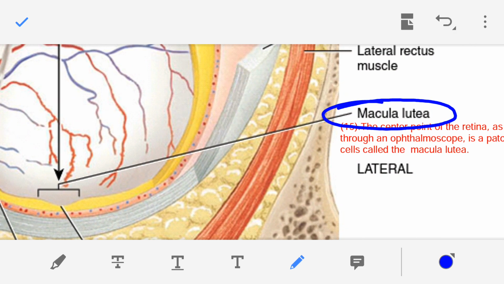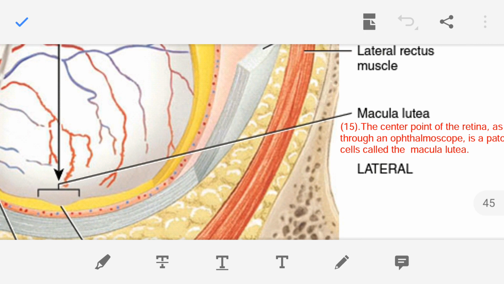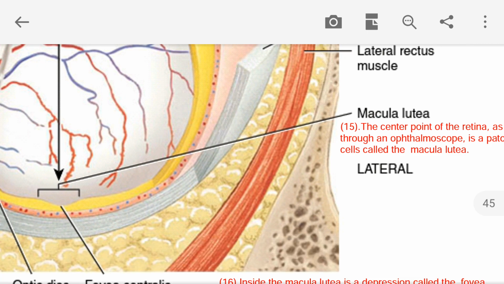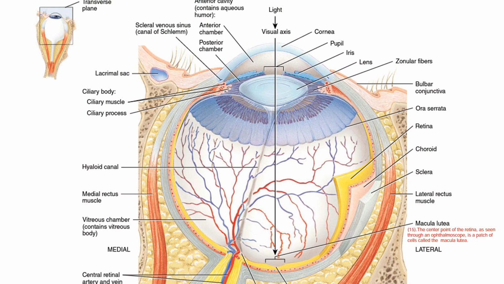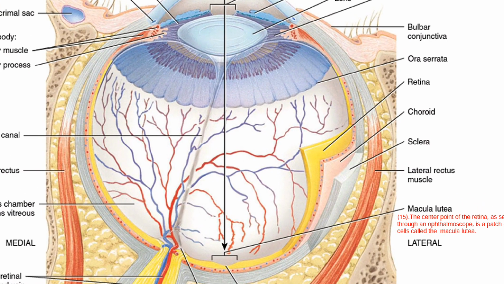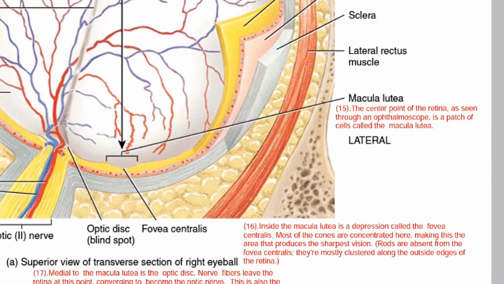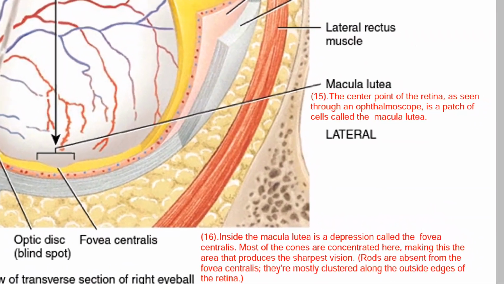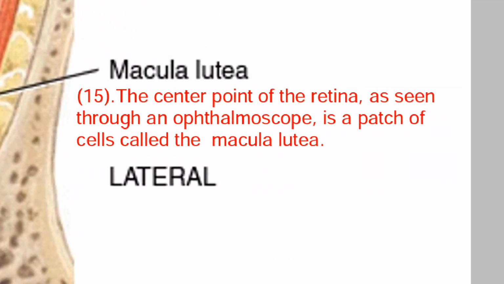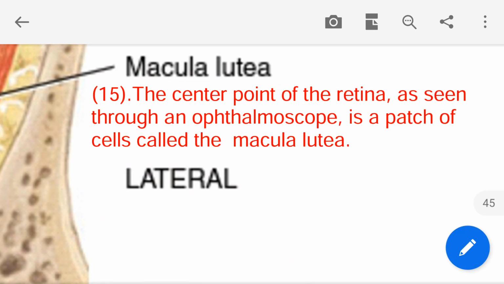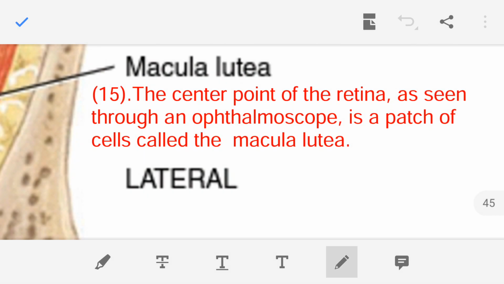Now we are discussing the Macula Lutea. First observe this figure and see where exactly this Macula Lutea is located. And see the direction of light. So this is the Macula Lutea. What is the Macula Lutea?